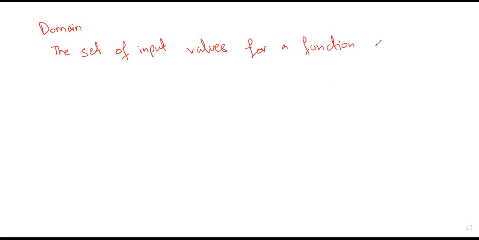Now let's talk about domain and range. Now we have two definitions. First, let's talk about domain. The set of input values for a function is called domain.